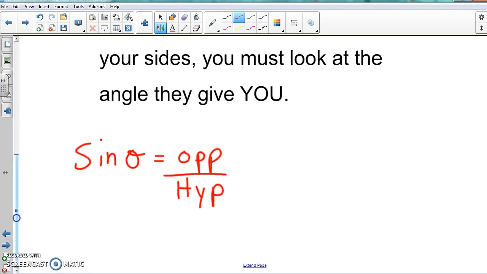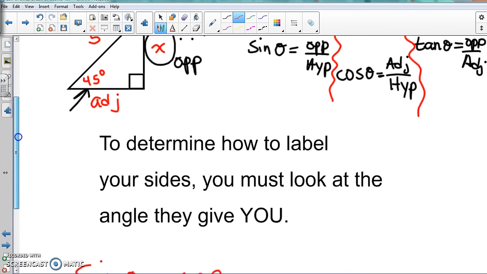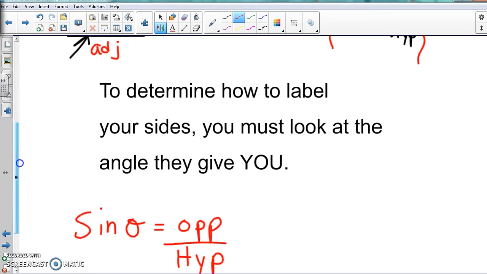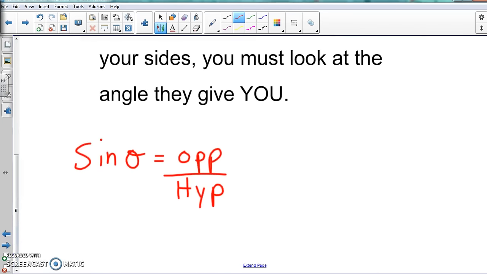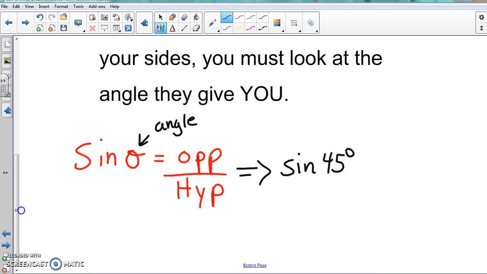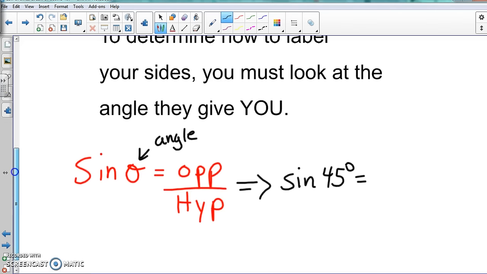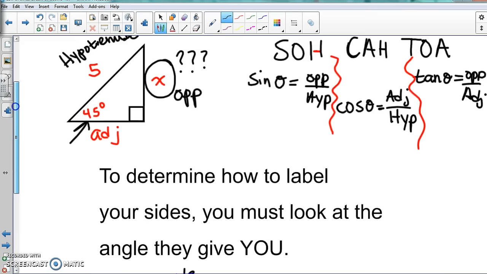We already know our angle is 45, so I'm going to rewrite this over here. We're dealing with sine of 45 degrees. That tells you what mode we're in, because it's degrees, not radians.